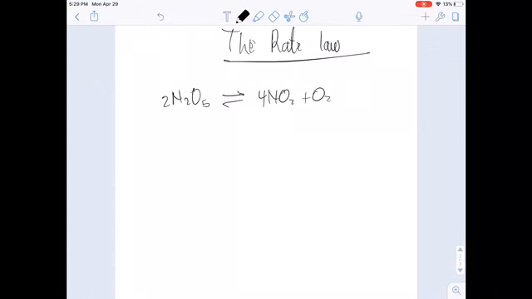Okay, so it's going to be K equilibrium equal to the reactants.